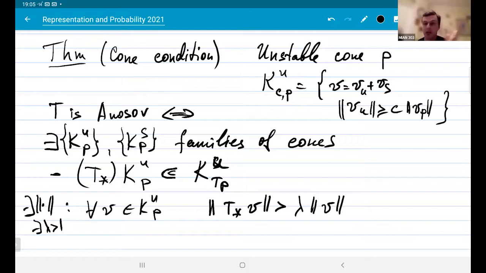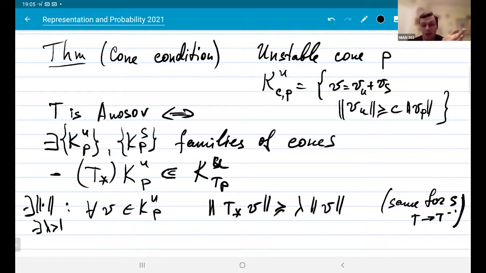So every vector is stretched by some number of times that is bounded away from one. And the same for S and T to the minus 1. This is the definition.